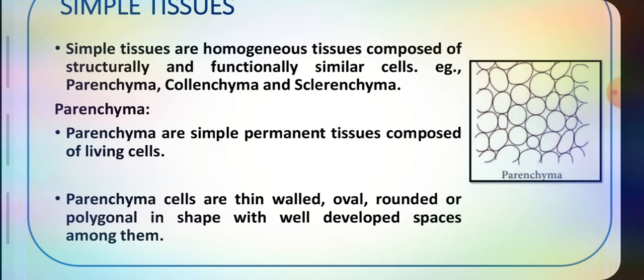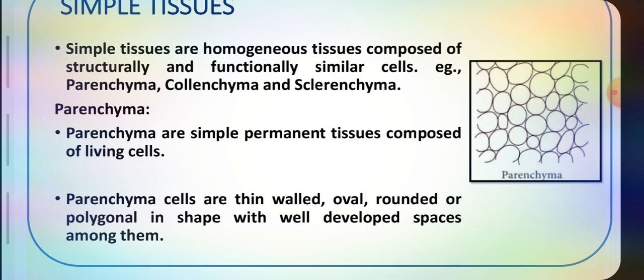What do you mean by simple? Similar. They all look alike. And permanent? What do you mean by permanent? They have stopped their growth either completely or partially for the time being.